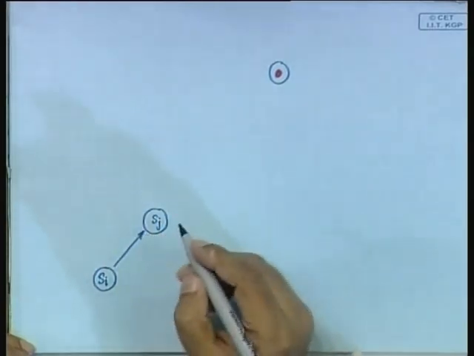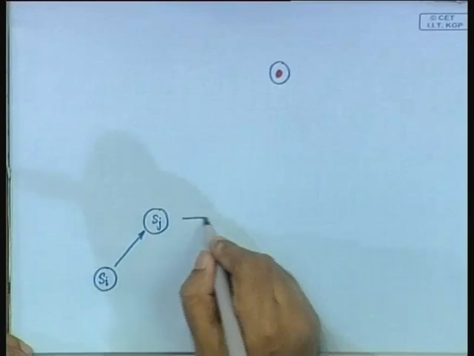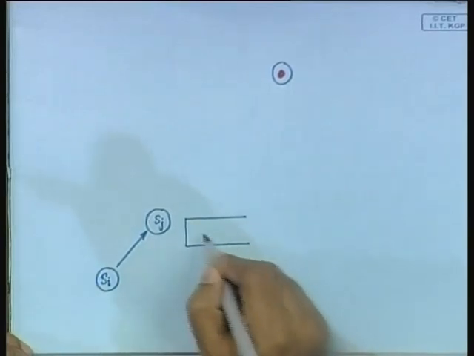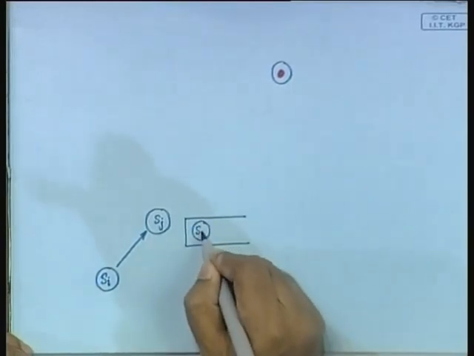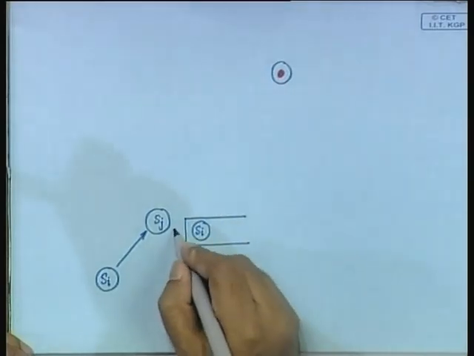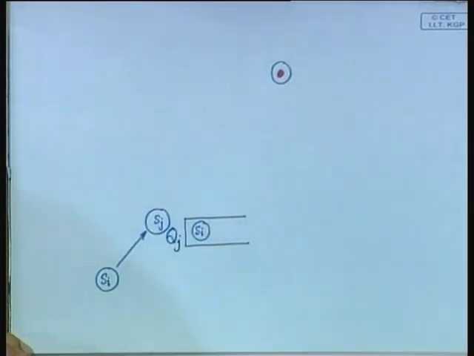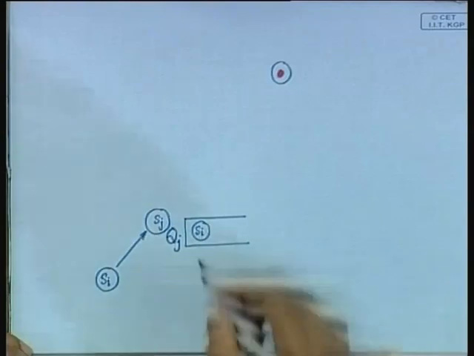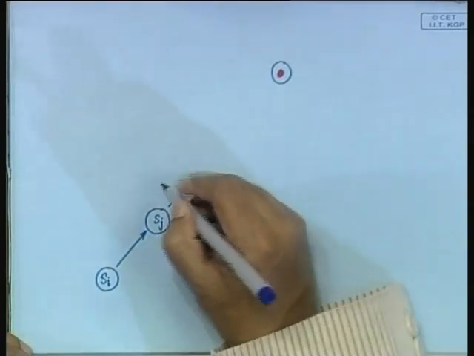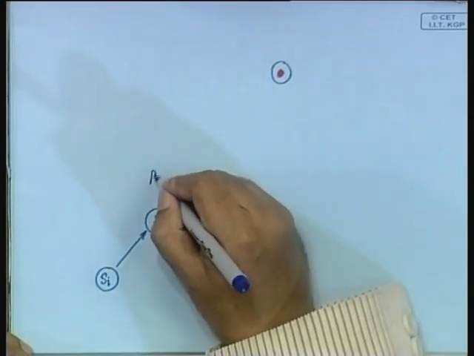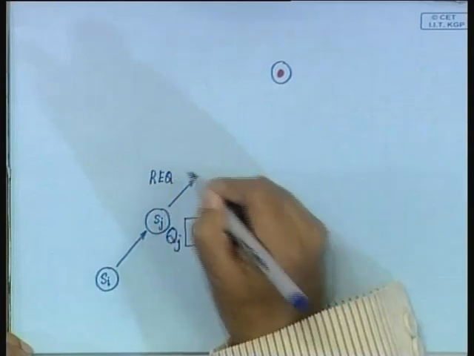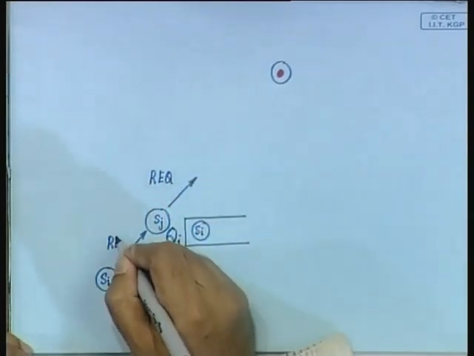Okay. Now, what is Sj going to do? Sj will put Si's request in its queue. Which is this queue? This is Qj, right, and it will forward a request to its parent.